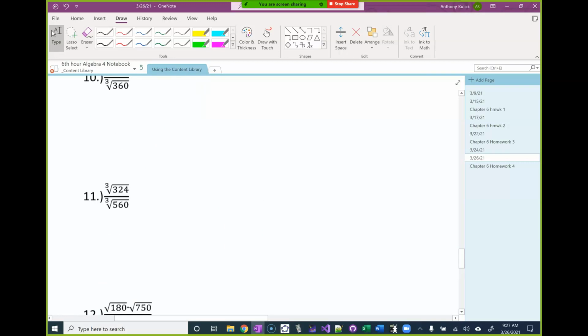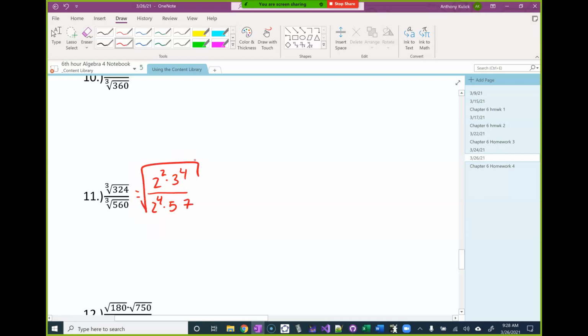Okay, so I'm going to start with some prime factorization. So 324 is 2 squared times 3 to the 4th. 560 is 2 to the 4th times 5 times 7.